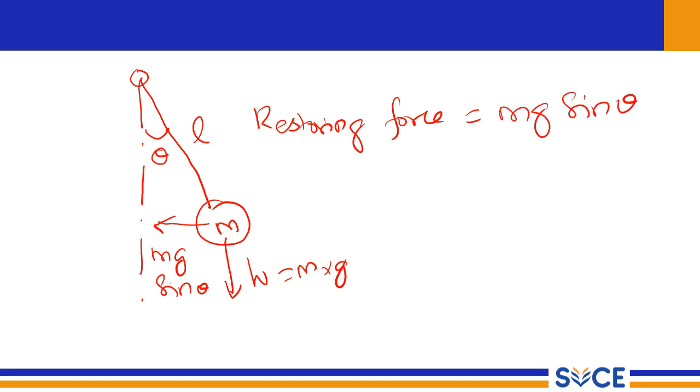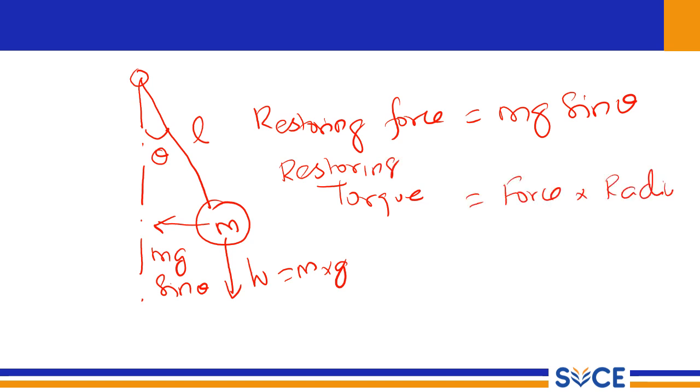If you want to take the restoring torque for the same simple pendulum, then it is force into radius. What is the radius here? The radius here is nothing but the length of the rod. So the restoring torque is force into the length of the rod, which is mg sine theta into L.